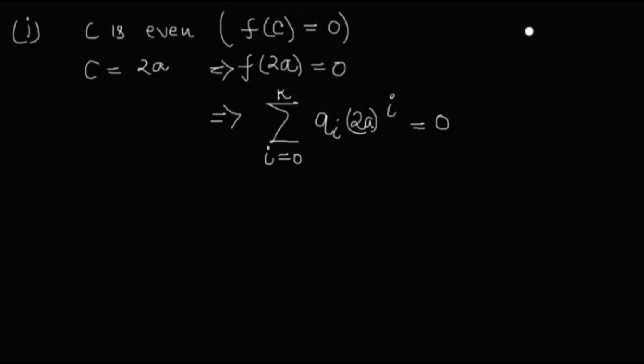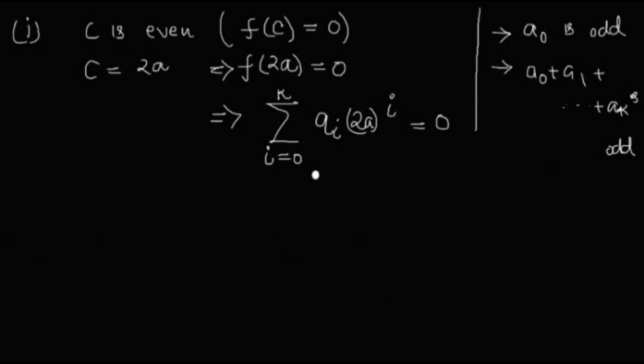You have another fact. The first fact is a naught is odd. This is my first fact. And my second fact is a naught, a1, up to ak is also odd. So these are the information that we have from the question.